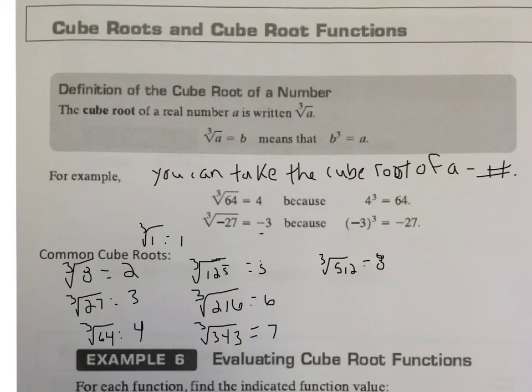Oh, let me make a better 8 there. The cube root of 729 is 9, and the cube root of 1,000 is 10. Obviously there's more cube roots, but I'm only going to give you up to a 10.